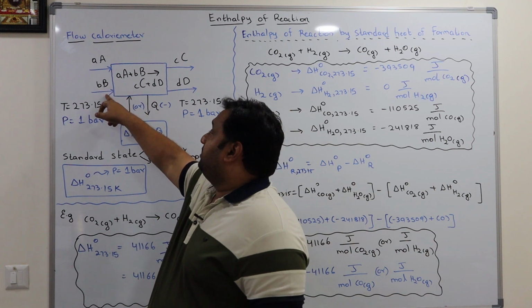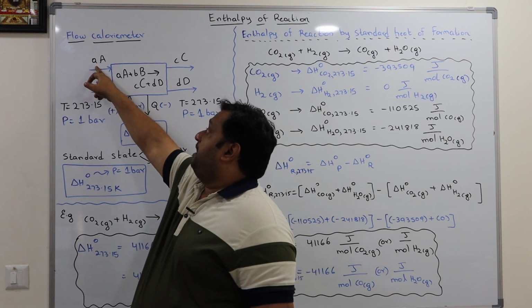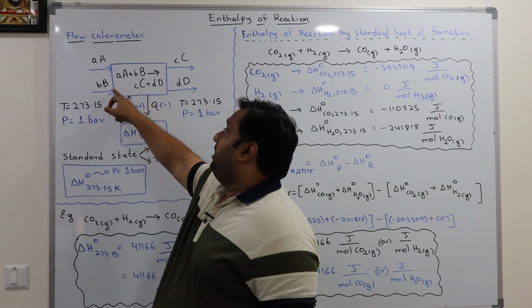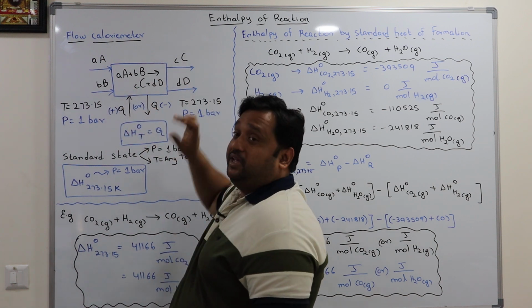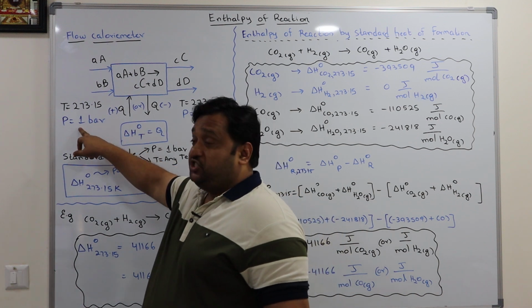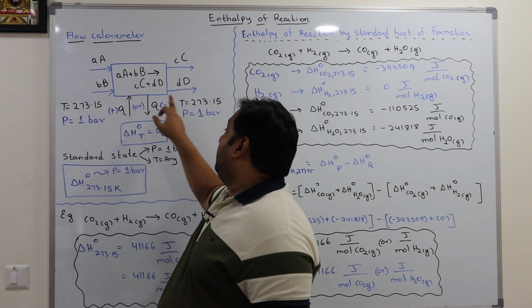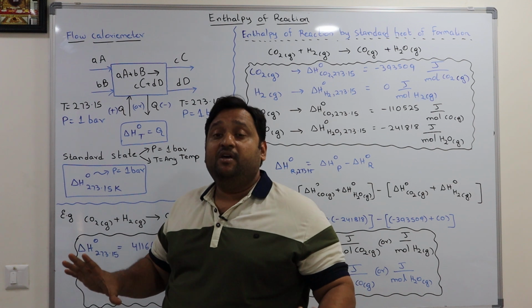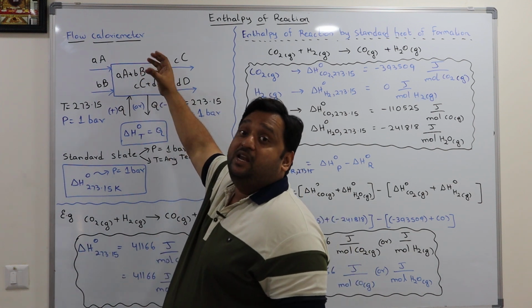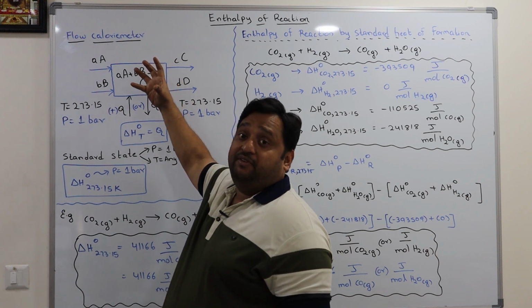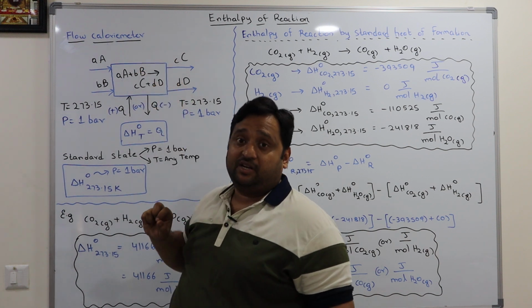This is a flow calorimeter. A specified amount of A and a specified amount of B is sent into the calorimeter and some product comes out of it. Make sure the initial and final temperatures are the same. For example, if it is an exothermic reaction, heat will be liberated, and the liberated heat will increase the temperature.